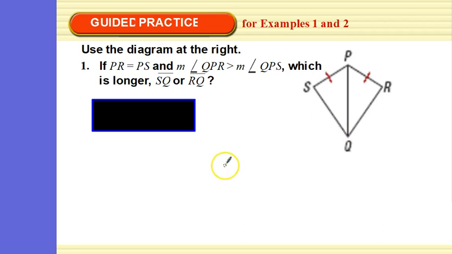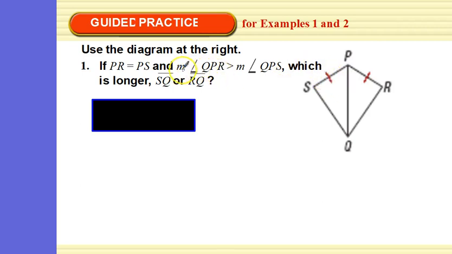Use the diagram at the right. If PR is equal to PS, and the measure of angle QPR is greater than the measure of angle QPS, which is longer, SQ or segment RQ? Okay, so let's look. So they said that PR is congruent to or is equal to PS, okay?